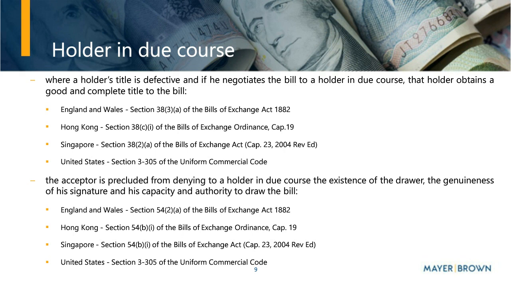Now, we also have to bear in mind the case law in different countries. And in the Hong Kong case of Antwerp Diamond Bank N.V. and Paymaster, the court actually decided that there was a lacuna, a gap in the Bills of Exchange Act or the Bills of Exchange Ordinance as it is known in Hong Kong.